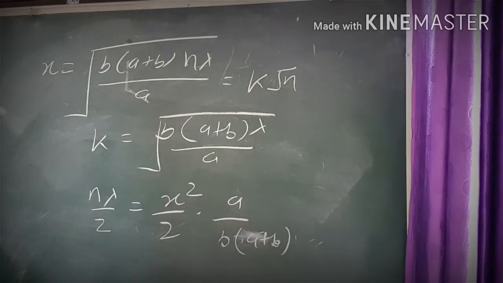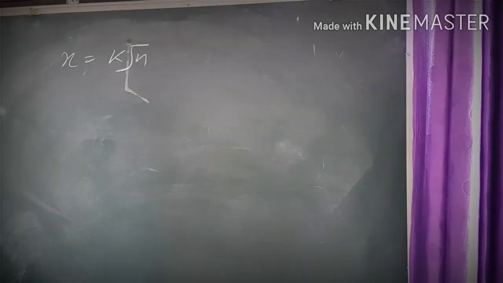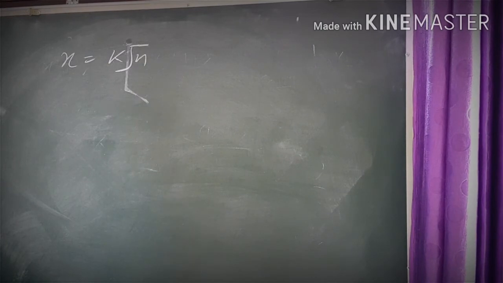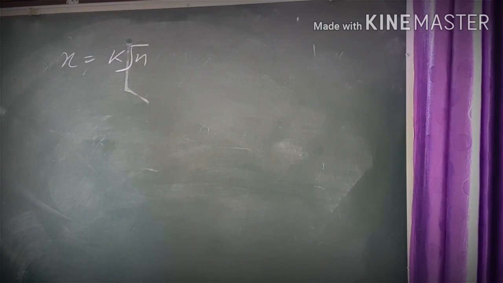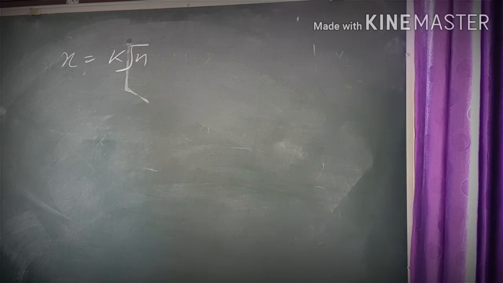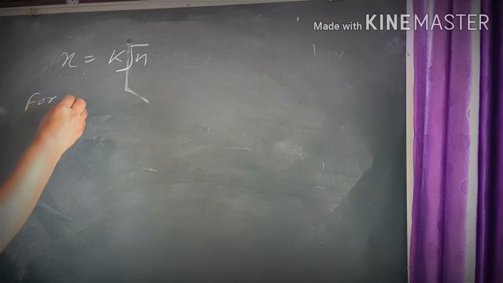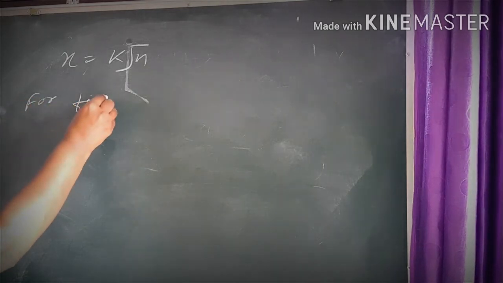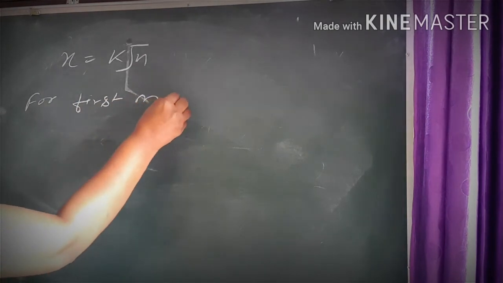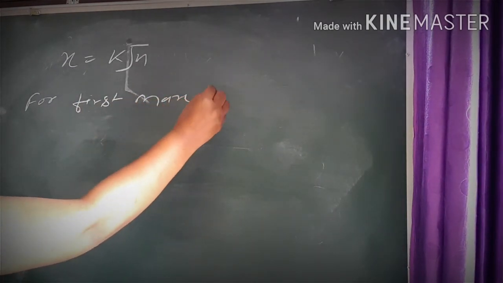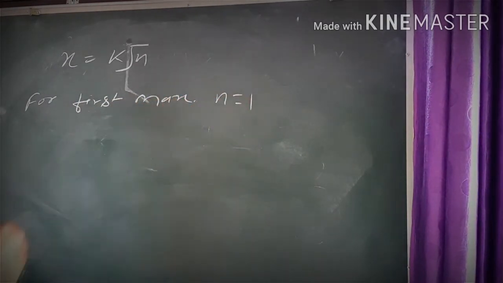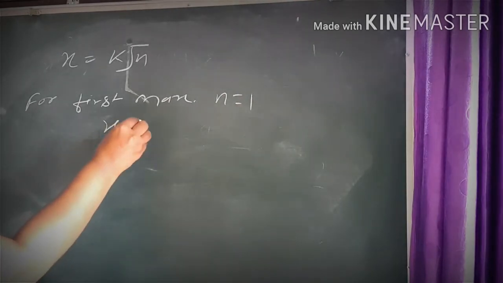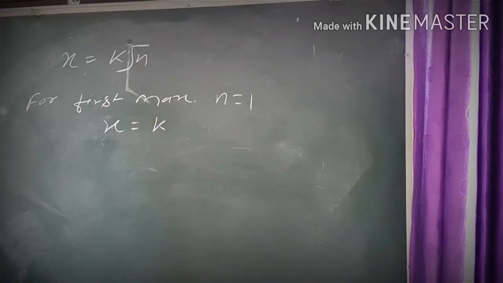Now finally we have x is equal to k square root n. For the first maxima, n is equal to 1, then x is equal to k.